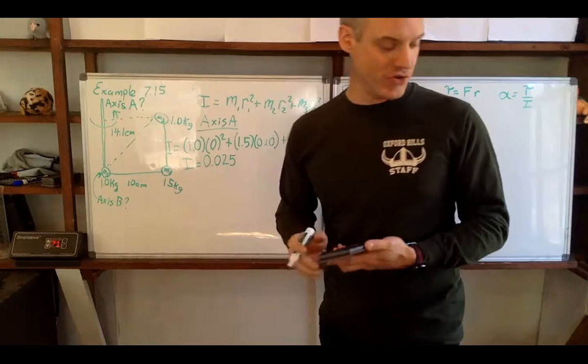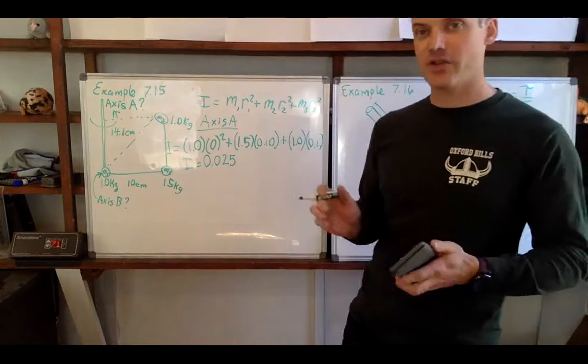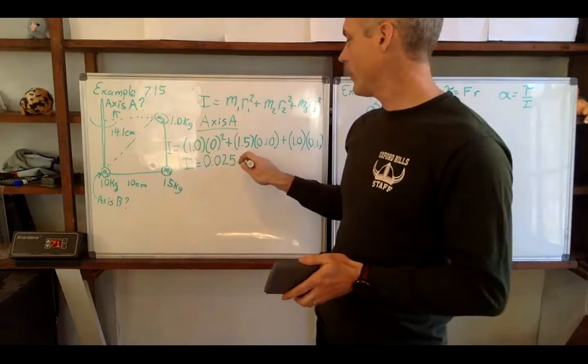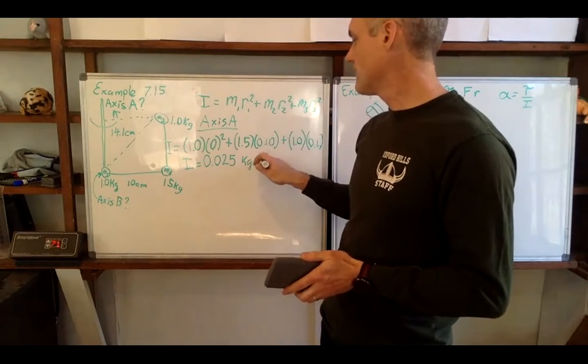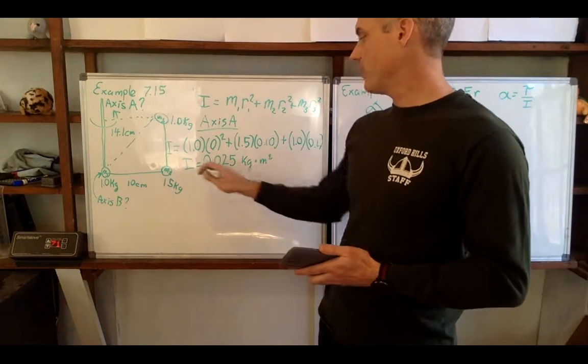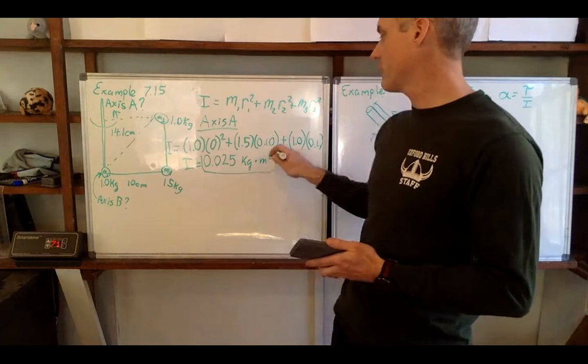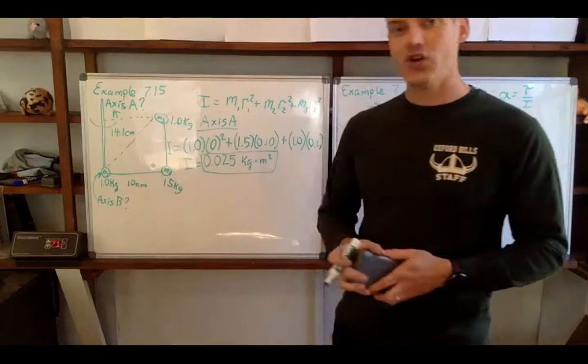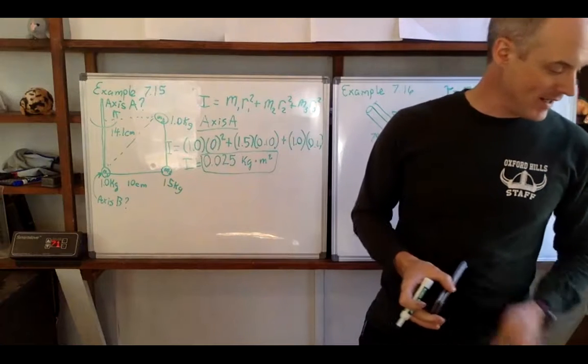Okay, and this is inertia we're talking about here, so it's the mass times the distance squared. So it's got units of kilograms meters squared. Okay, so that's for axis A.